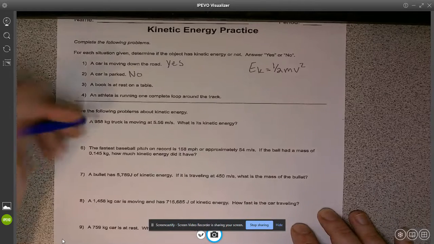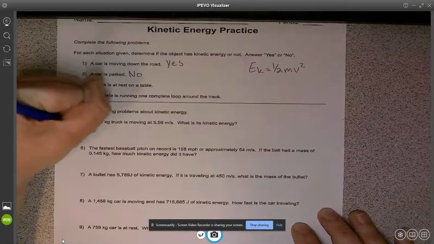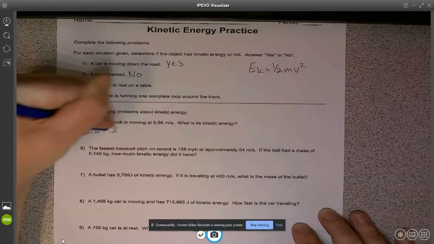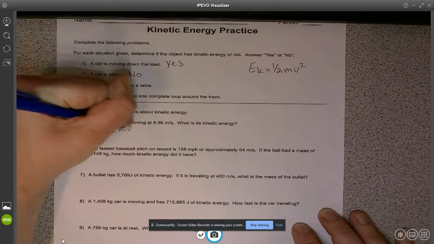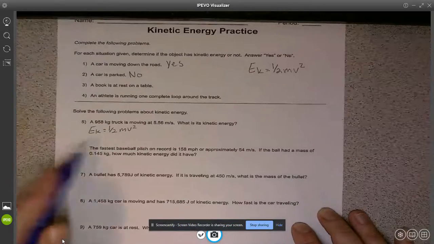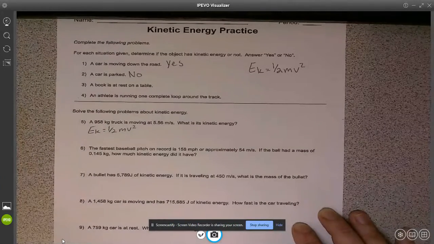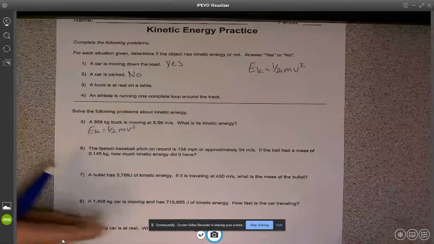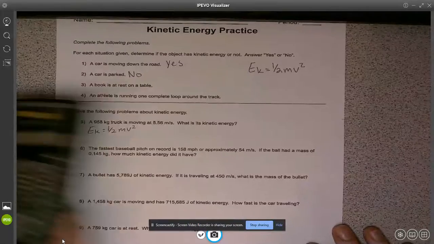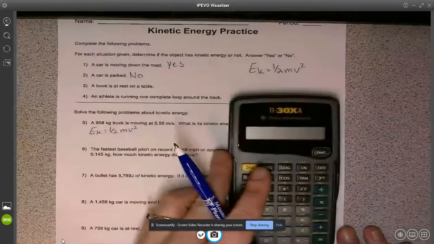I am going to write down my formula: kinetic energy is equal to half times my mass times my velocity squared. And then we're going to plug and chug. This is a simple equation where all I have to do is plug in my numbers. And luckily, I have my calculator here. So let's get to it.